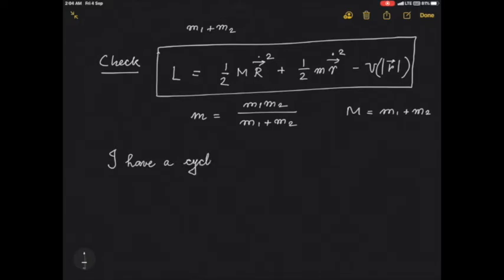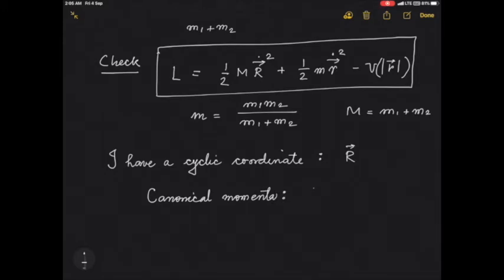The Lagrangian does not depend on capital R explicitly. So I have a corresponding canonical momentum, which I call P capital R, that is del L by del R dot, which is nothing but M R dot.